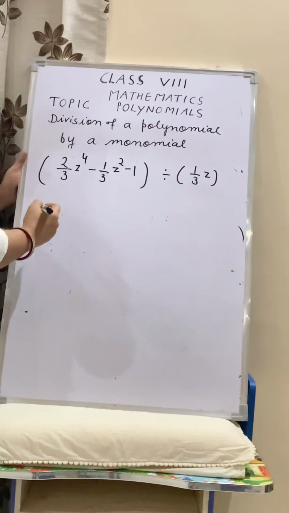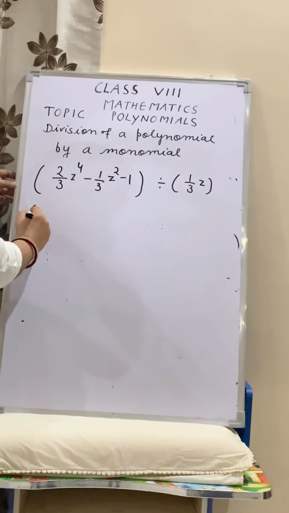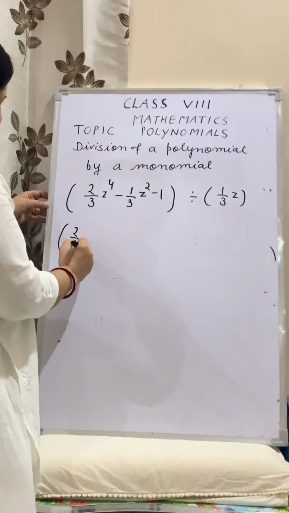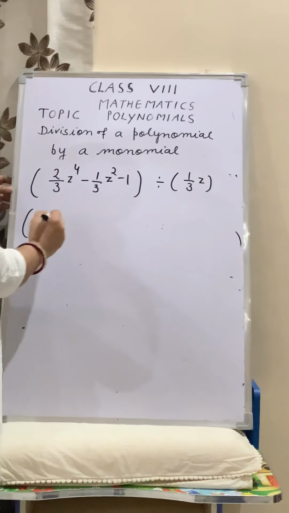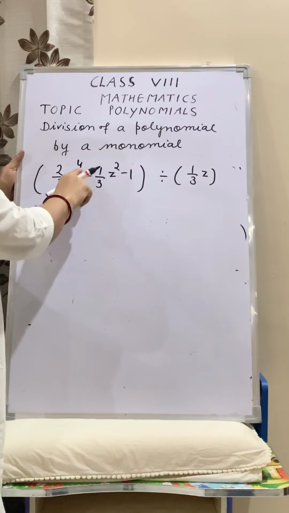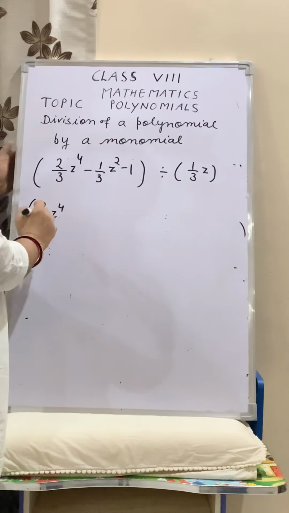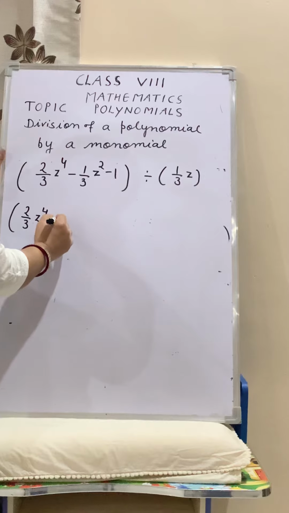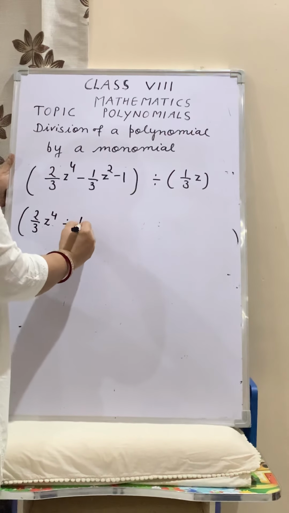Same, we will write the first term 2 by 3 z raised to power 4. Because the coefficient of z is rational, we will write this in the form 1 by 3z.